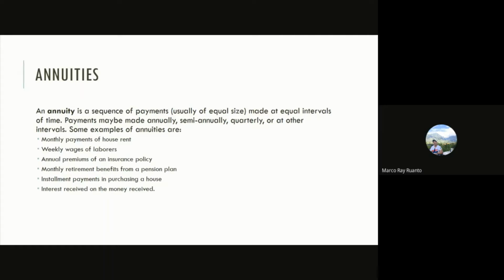Anyway, next one is what they call annuity. Okay, what is this annuity? When we say annuity, it's a sequence of payments made at equal intervals of time. So, kanang regular payments ninyo nga monthly or annually. So, we could consider that one as annuity, no?